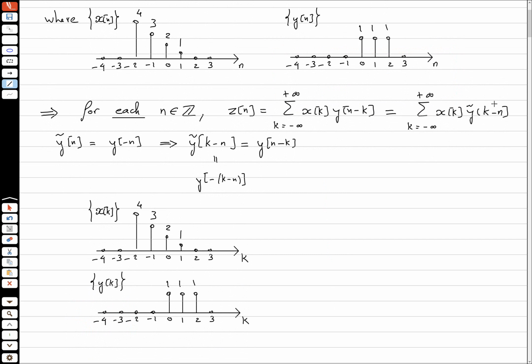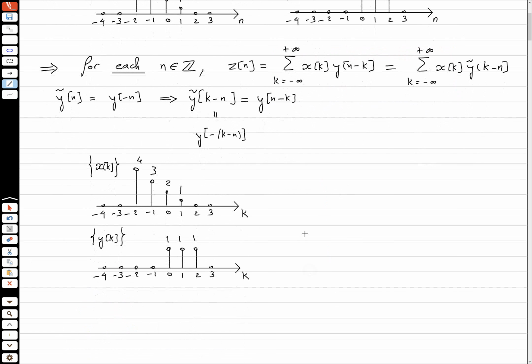So it's nice to look at these two sequences as sequences of k. But n, being a given number, looks like a shift here, right? Here you cannot look at this as a shift of k, but here it's a shift of k.